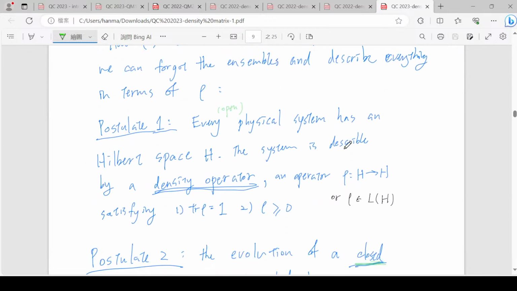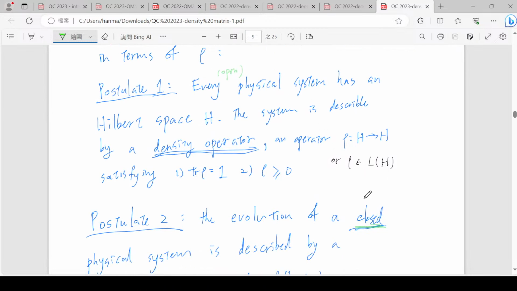Then postulate 2, the evolution, is a bit tricky, because there is something about open and closed systems. The rho description is very general. It's the most general thing we can think of, and it even describes open physical systems interacting with other parts.